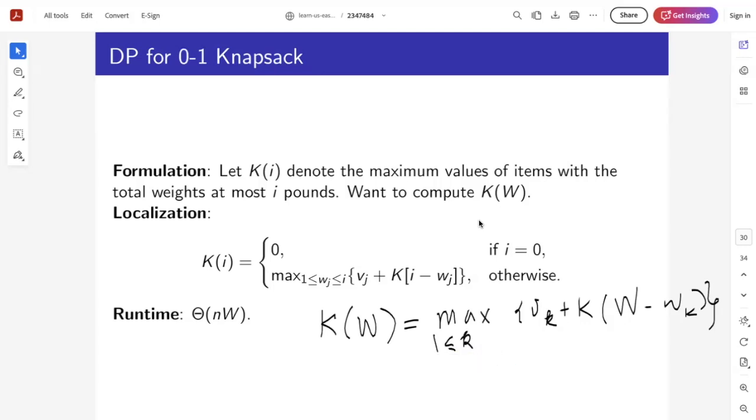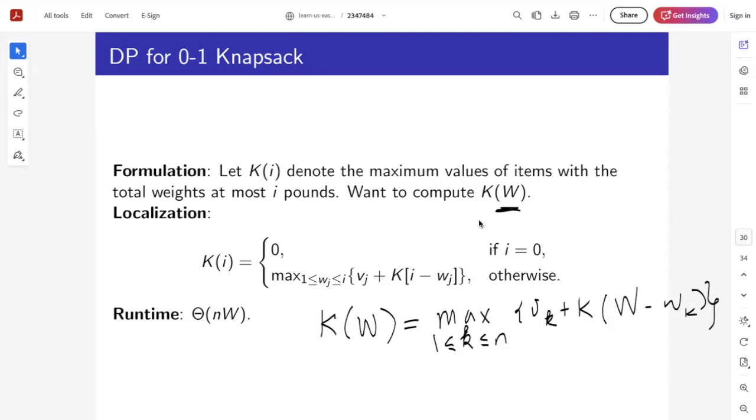Well, W is a given, but ultimately that's what it is.